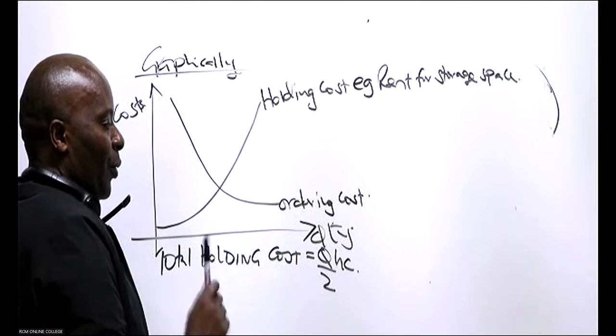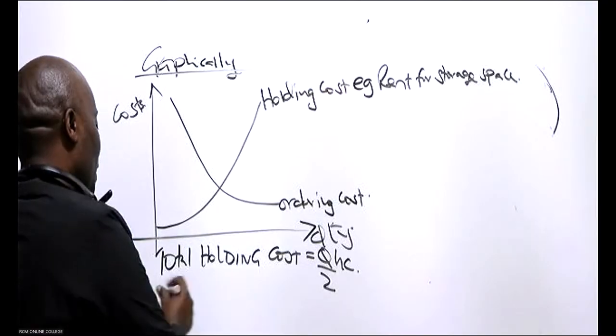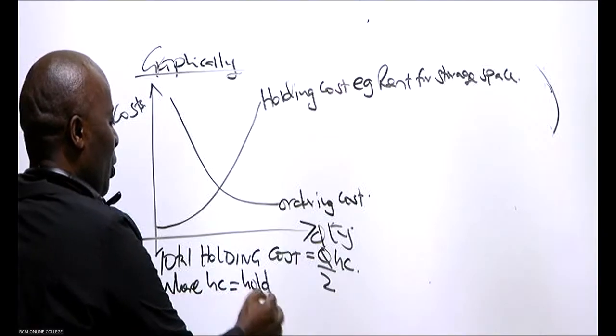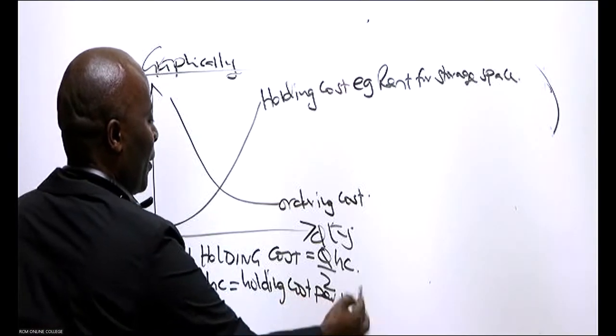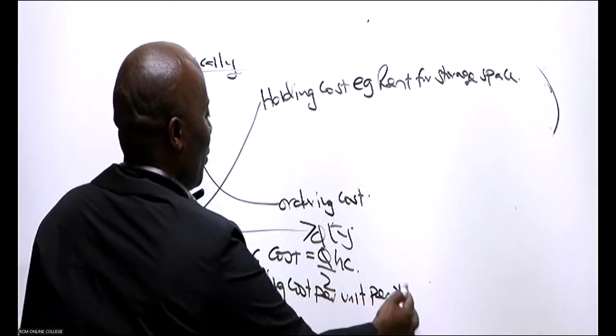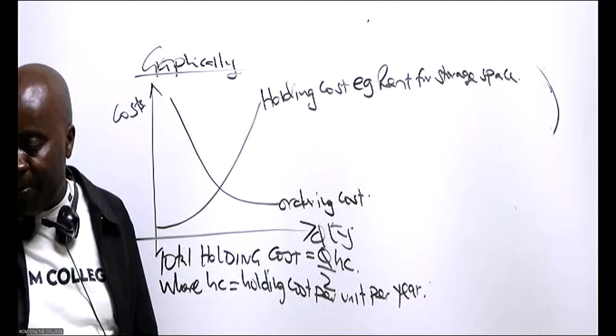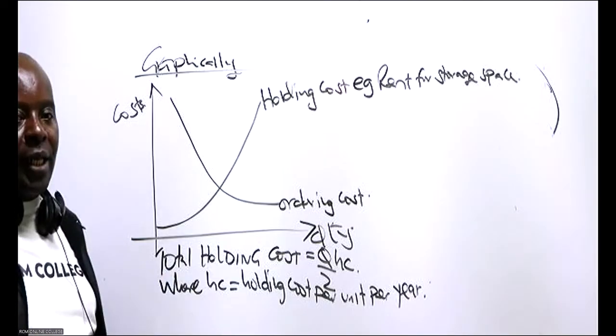It will be Q HC over 2, where HC is holding cost per unit per year.